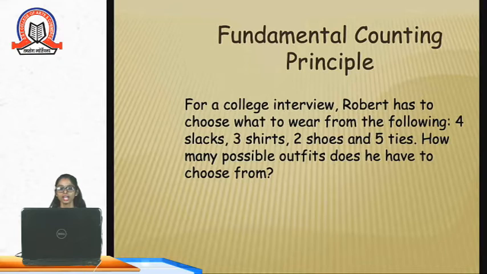So first we find the possible outcomes for all these events and then multiply them: 4 into 3 into 2 into 5. 4 means possible outcomes for slacks, 3 for shirts, 2 for shoes, and 5 for ties. The multiplication answer is 120 outfits, which means there are 120 options to wear these slacks, shirts, shoes and ties.